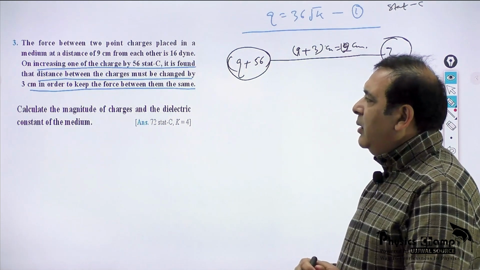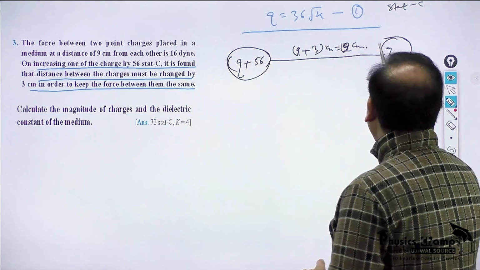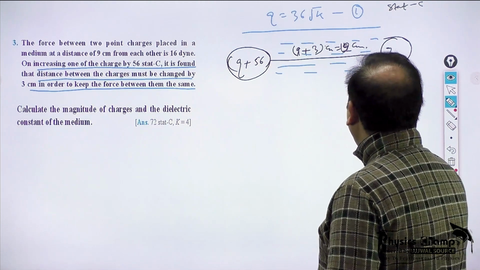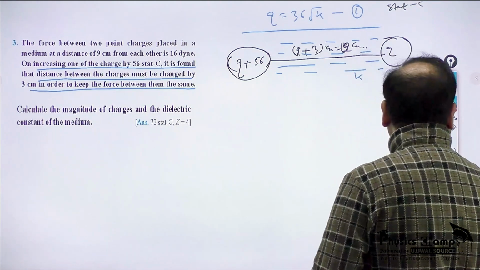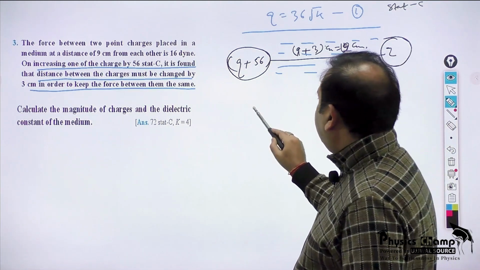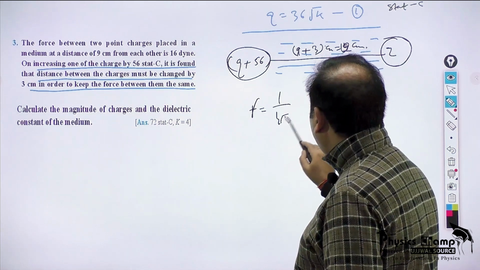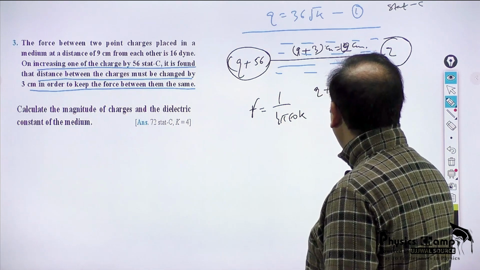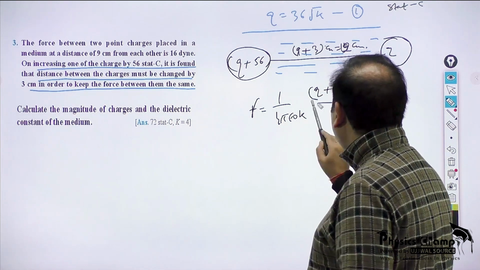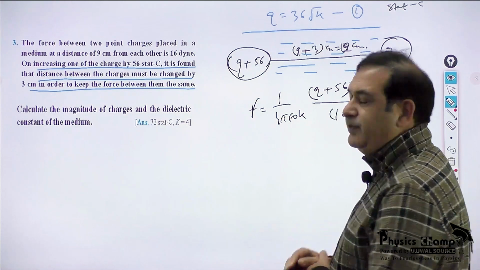In order to keep the force between them the same, the medium is still K, but the force is the same. So in the new situation I will say 1 by 4 pi epsilon naught K, Q plus 56 into Q, divided by 12 square.